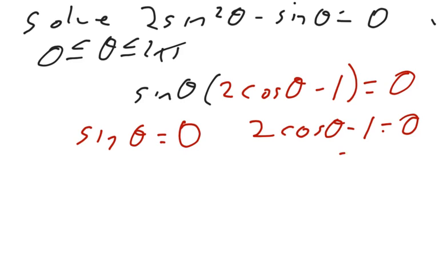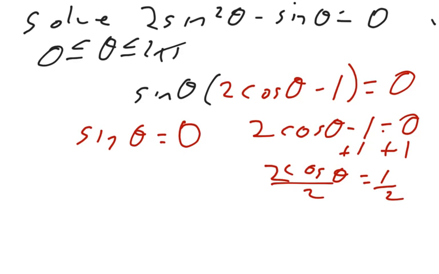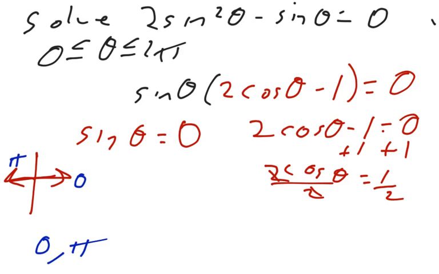That one's already finished. And there we have our second answer of cosine theta equals 1/2. So the sine is equal to 0 at 0, or the other way, which is pi. So 2 of my answers are going to be 0 and pi.